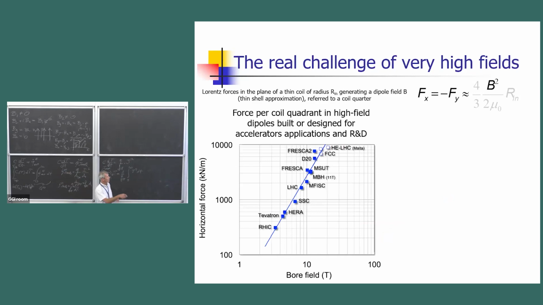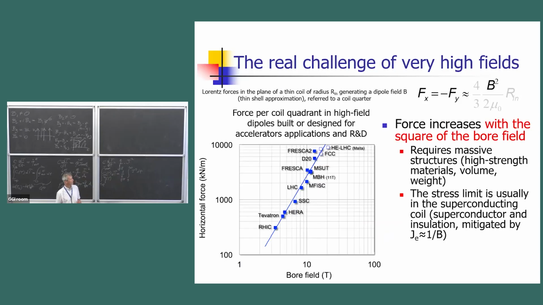In fact, again, same plot: that's the horizontal force per unit length versus bore field. As you see, they scale with a slope of 2 in log-log scale, so for the magnets built and designed, it really goes like the square of the field. The force requires massive structures. We are talking about tens and hundreds, up to 1,000 tons per meter. These are massive forces.